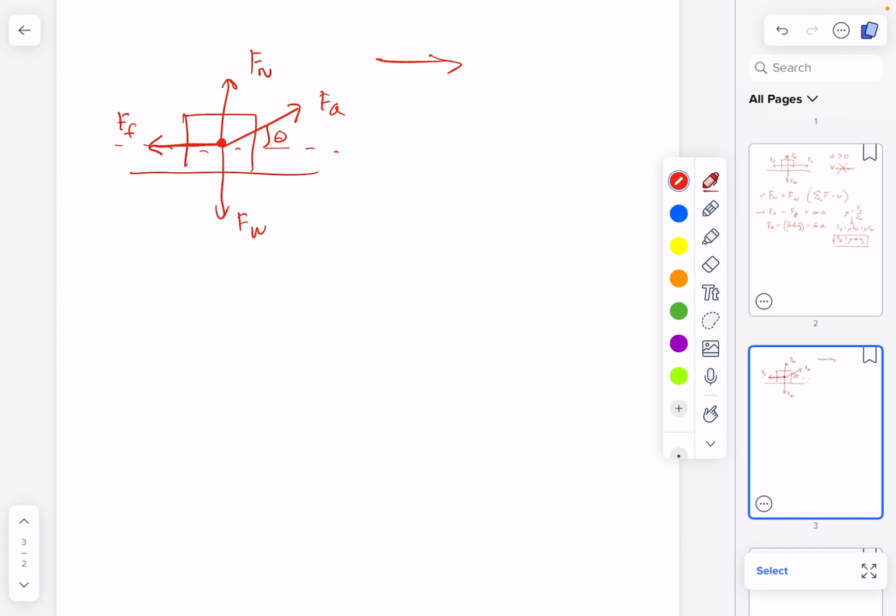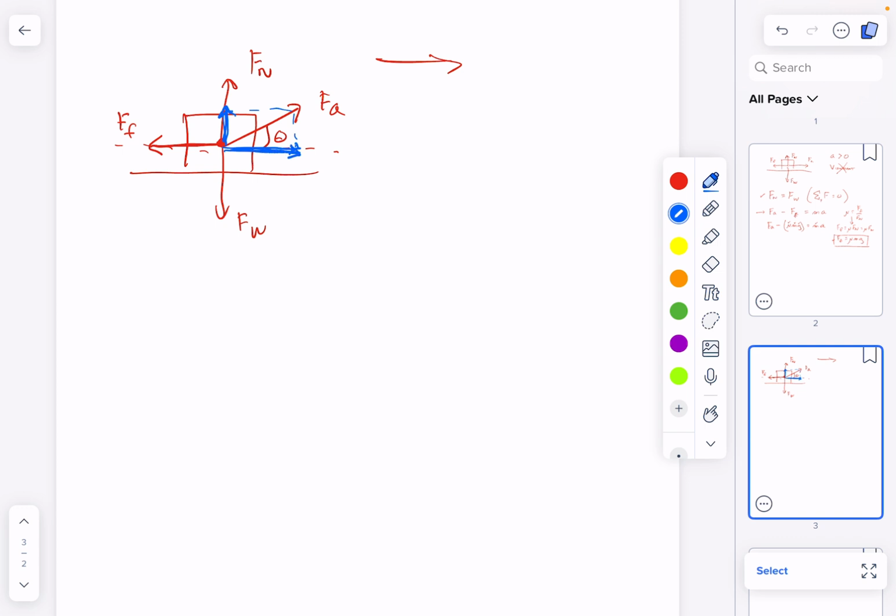Now, whenever we have a vector that is not acting along the x or the y axis, remember we resolve it. So I resolve my applied force into my horizontal component and my vertical component right there, and make a parallelogram, and then I'm going to label these.